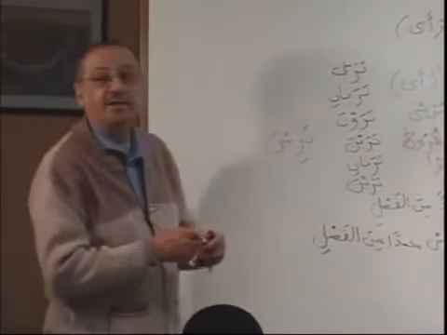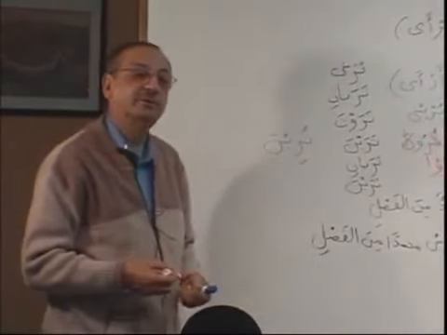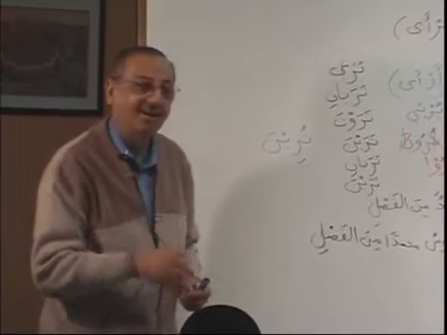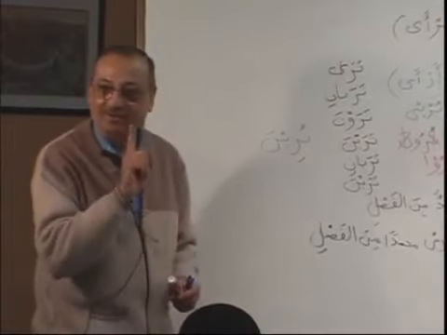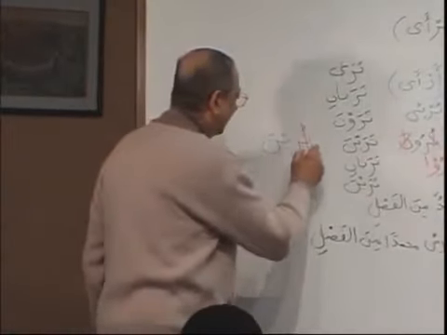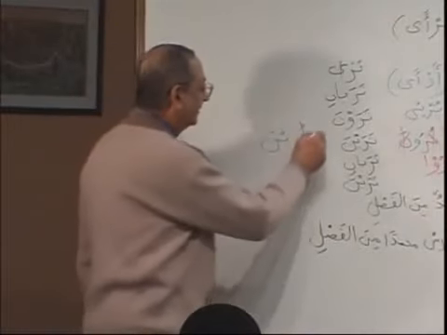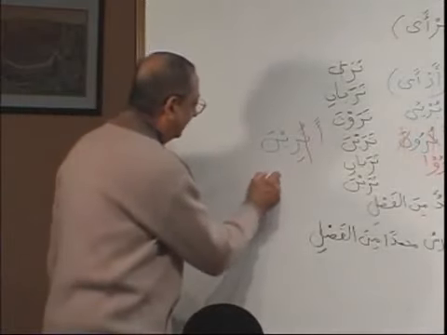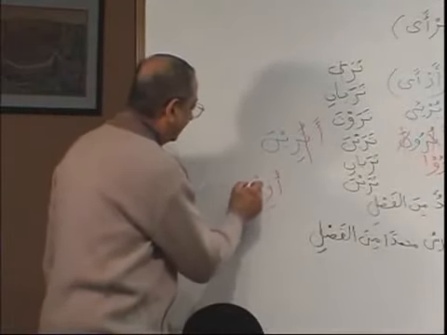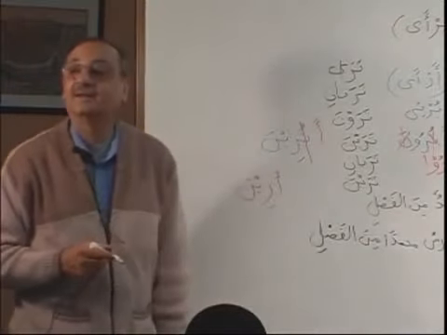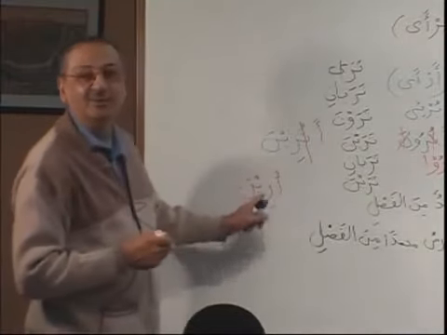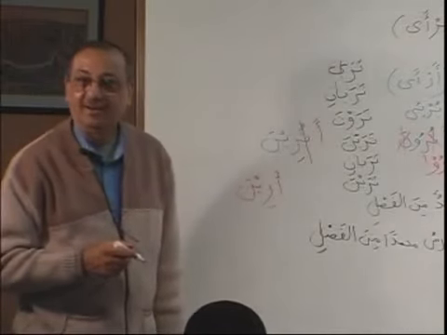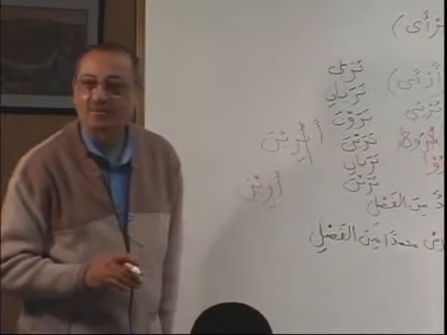Fine. How do I make Amar? How many chops? One chop only. If you say chop chop, you are wrong. It's mabni. No more chop chop. Only one chop. Okay? And then it becomes Arina. Fi'lu amrin mabniun ala sukun. And then nunun niswa is your file. You got the point clear in your mind?